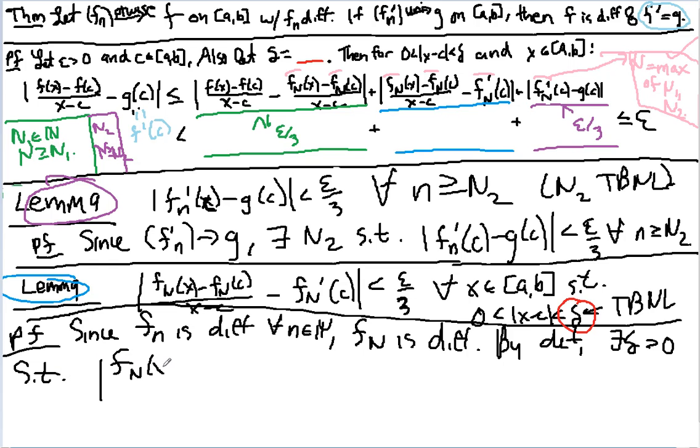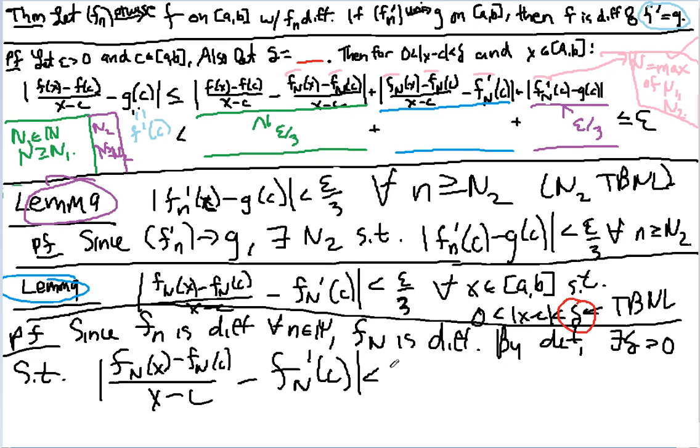F sub n, this quotient here, which is associated with derivatives, basically Fn is differentiable at c, which is exactly the statement. This thing minus the derivative, since we know it exists, has to be less than epsilon over 3 for all x belonging to here that are in the interval.